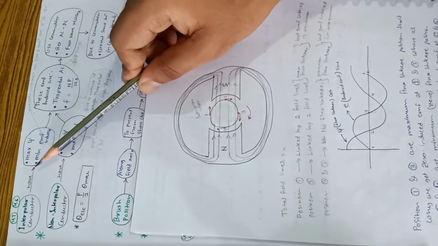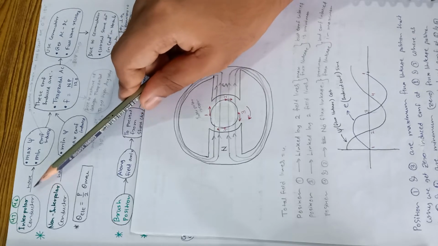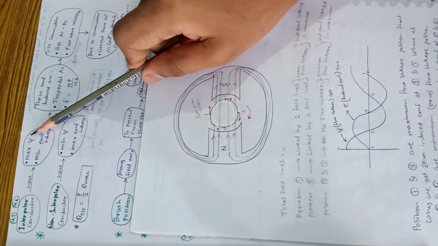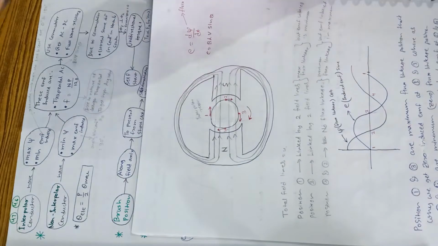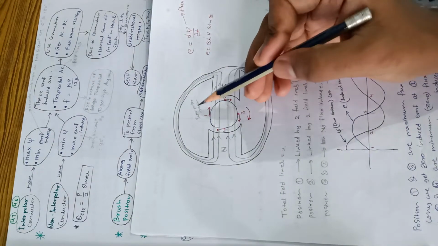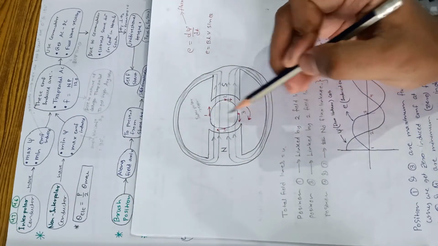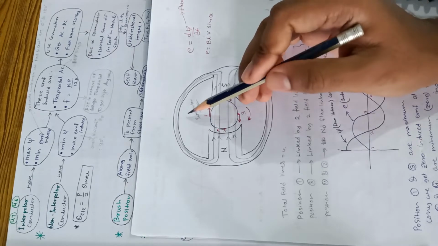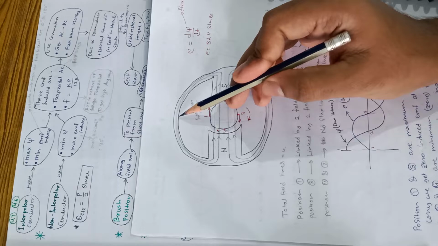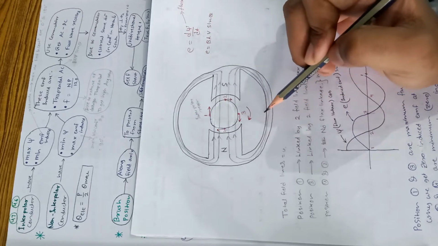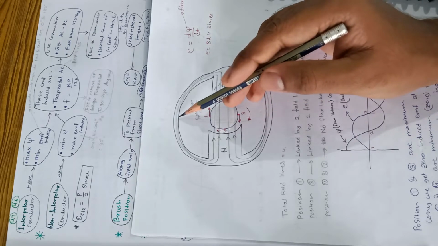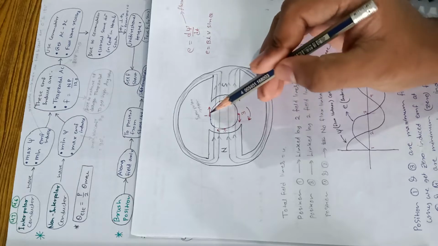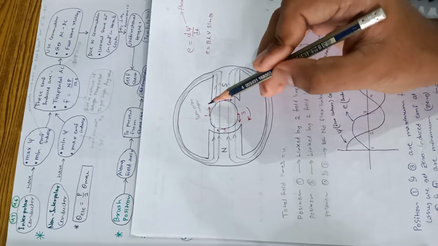Now let's understand why this interpolar conductor have maximum flux linkage and a minimum EMF induced. See, this is interpolar axis. This is also called Q axis, or we can say it as GNA, geometrical neutral axis. And MNA also lies along this, but due to load it will get shifted.